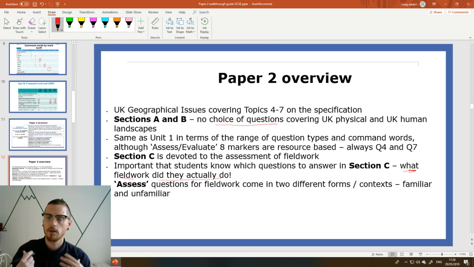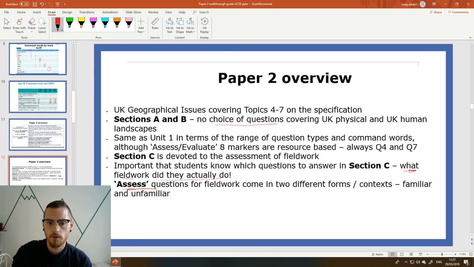You must be showing the examiners the fieldwork that you completed. You must know it. And section C again, C1, physical, river or coast, my geographers, rivers. Section C2 is going to be dynamic urban or rural, my geographers, you're doing urban. So that's for my geographers questions 9 and 10.